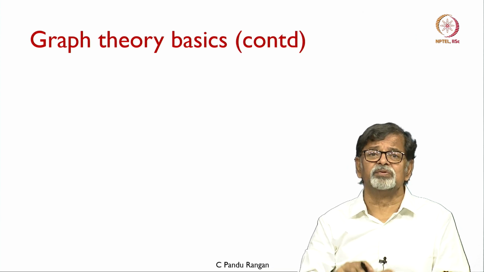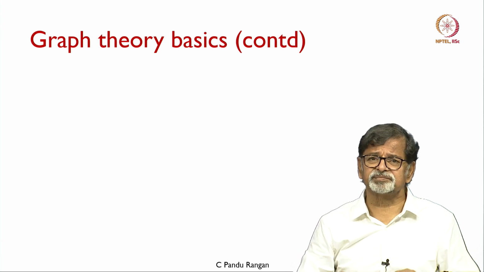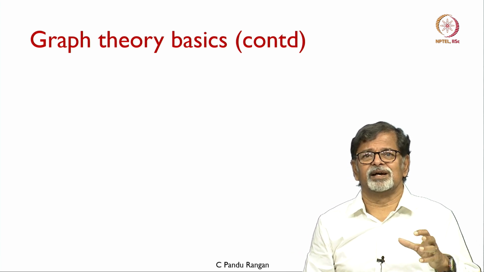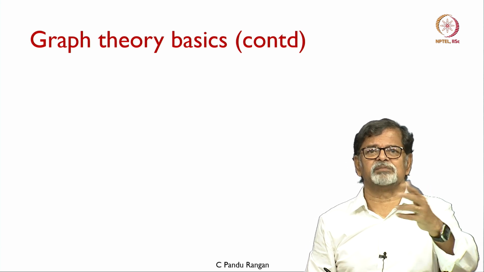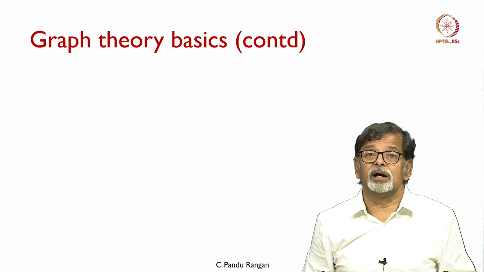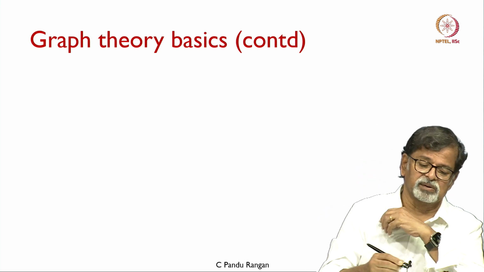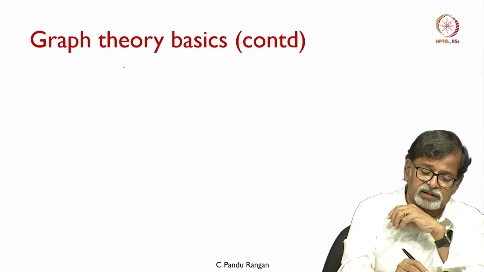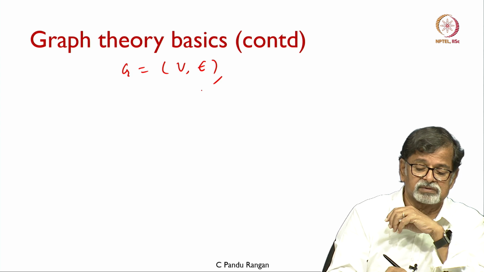There is a beautiful way to describe these connected components in terms of an abstract discrete mathematical property called relation. So, let G equal to (V, E) be a graph.